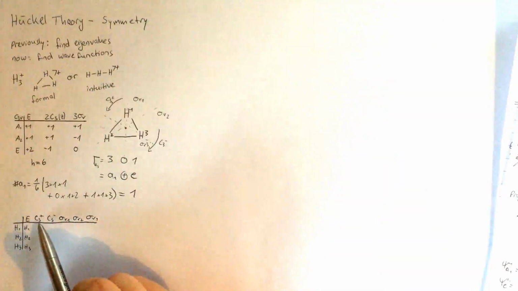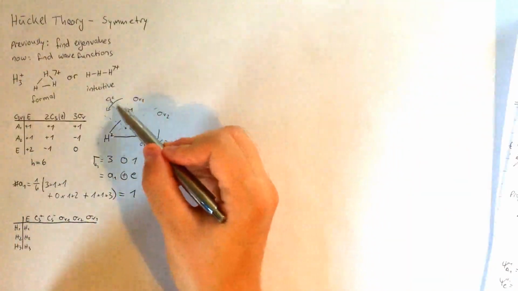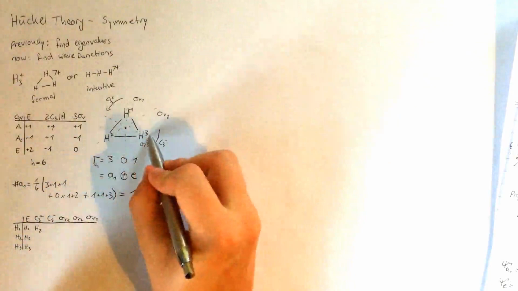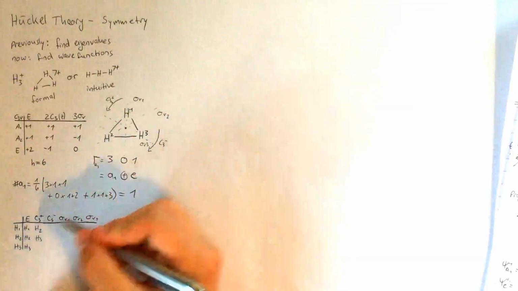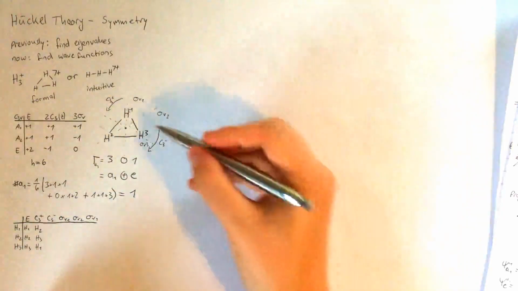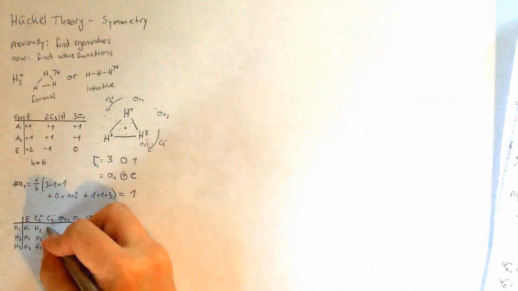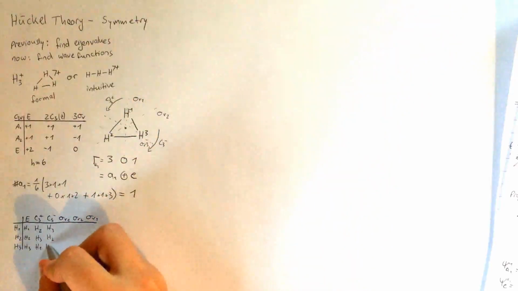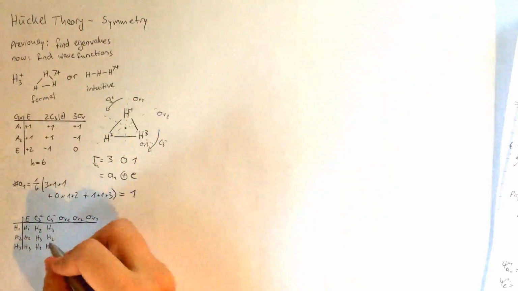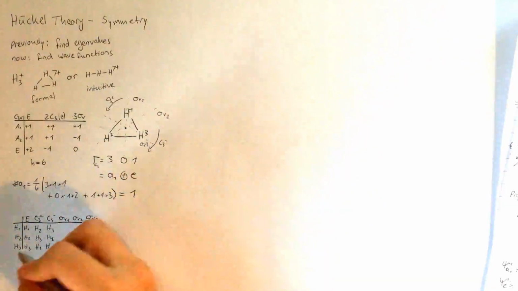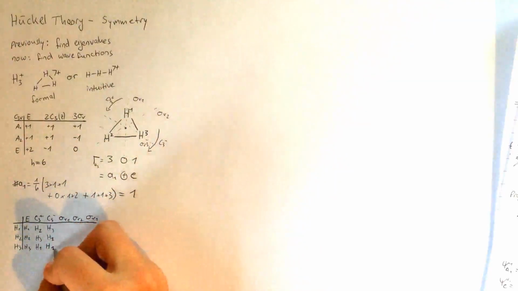If I apply C3 plus, I see that H1, if I rotate this way, becomes H2, H2 becomes H3, and H3 becomes H1. For C3 minus, H1 becomes H3, H3 becomes H2, and H3 becomes H1. Sorry, H2 becomes H1, and H3 becomes H2.